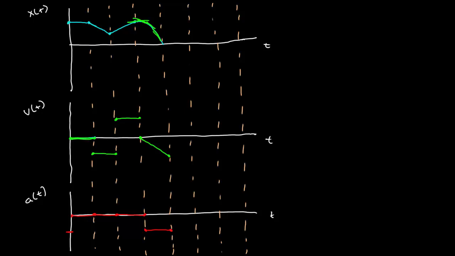Okay, so now let's go to my position. It's sort of curved around, and now I'm going to say it sort of curves back this way. So what is this doing? Well, now we're saying that the slope starts pretty steep and negative.